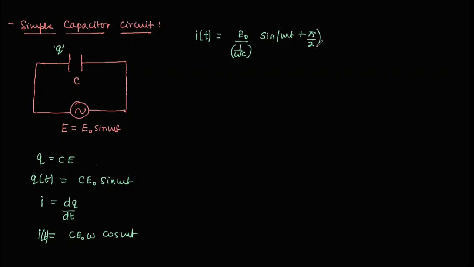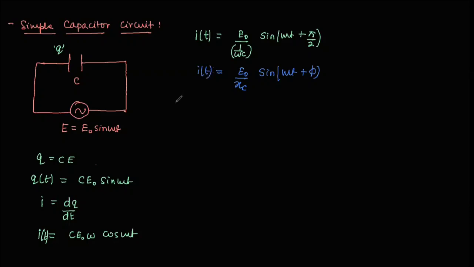So over here from this expression I can say the following things. The first thing which I can say is that if I compare this with this equation I is E naught by R, over here I am not using the term R, but I am using the term reactance of the capacitive circuit, and omega t plus phi.